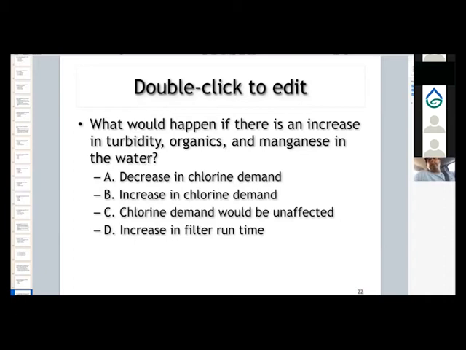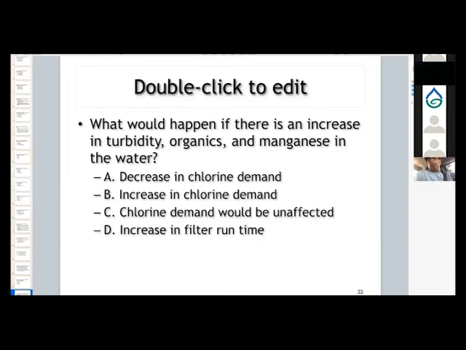What would happen if there is an increase in turbidity, organics, and manganese in the water? A decrease in chlorine demand, an increase in chlorine demand, would be unaffected, or increase in filter runtime. So the answer here is B, increase in chlorine demand. Anytime the first rainstorm of the year comes, it's pretty much the toughest time in most surface water utilities in their treatment plants, especially if you're on a river.